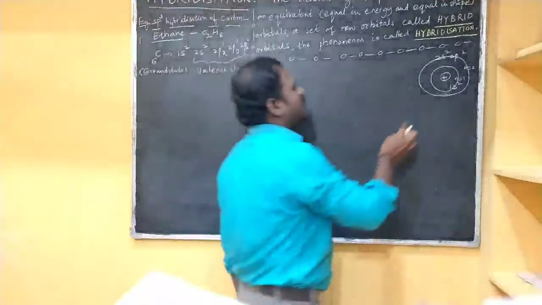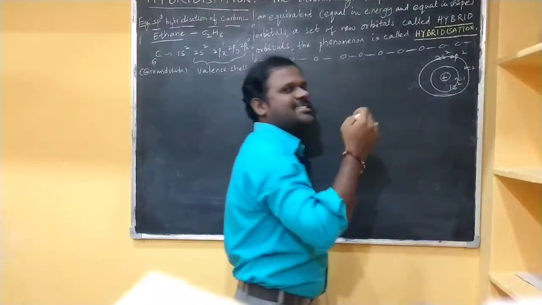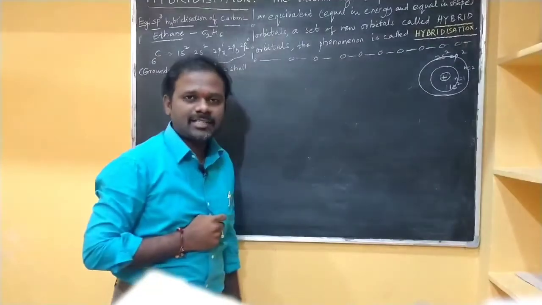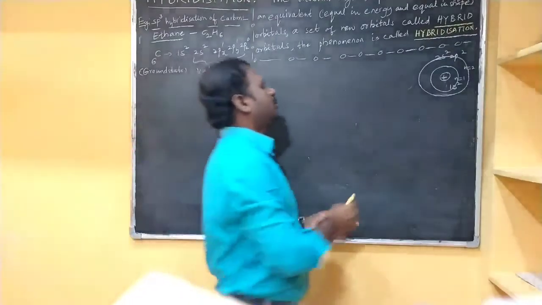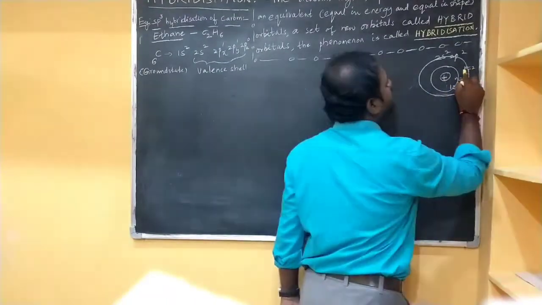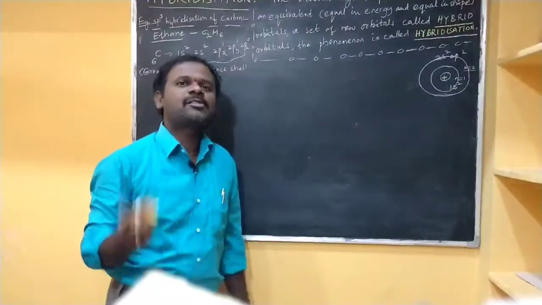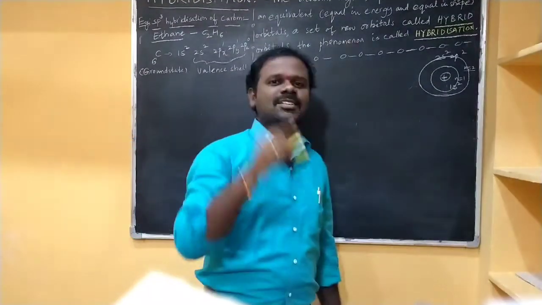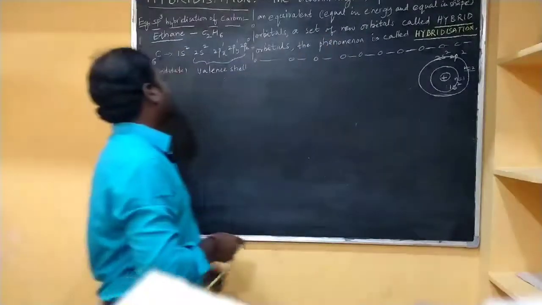So n equal to 2 is the valence shell, otherwise the outermost shell. The electrons present in the valence shell are called valence electrons.